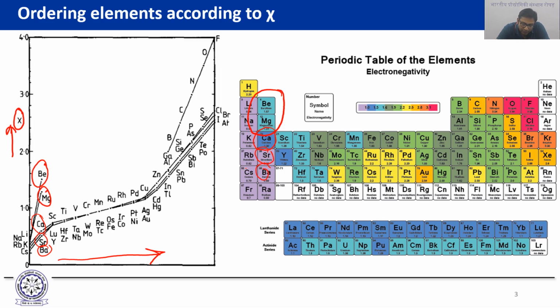As you move further, you will see that there are certain changes. So again, you have scandium over here in the periodic table, and then below scandium, you've got yttrium. As you go even further, you will see that there is a slight change. So you've got titanium corresponding to the titanium over here. After that, you've got hafnium over here, and then you have zirconium.